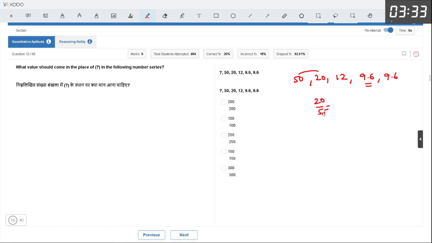That is 0.4. Here to here 0.6. From here to here 0.8. From here to here 1.0. So how much to multiply here? 0.2. 0.2 means what will that be? 250, right?